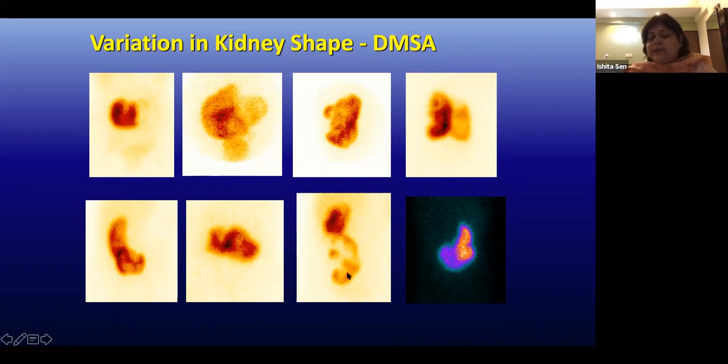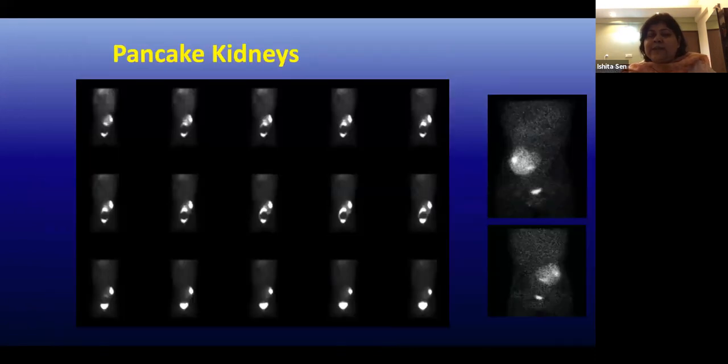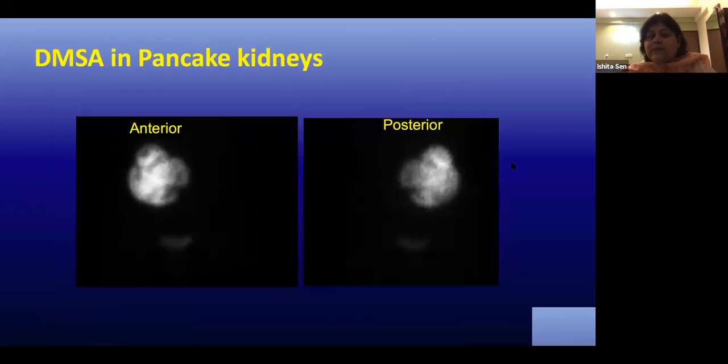So these are various variations in ectopic kidneys. Pancake kidney, where both the kidneys are fused, and you cannot really differentiate the various components of the different kidneys.